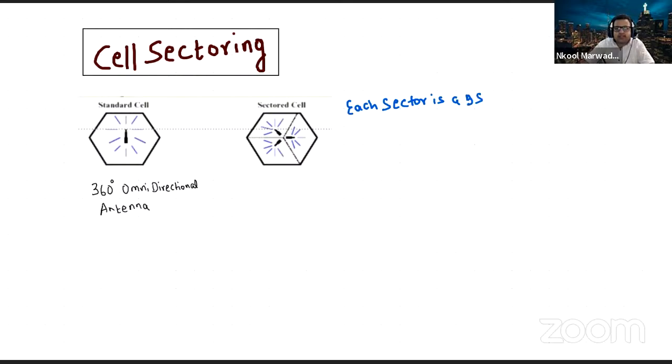And if each sector is a BS, it is equipped with a particular group of frequencies assigned to it.